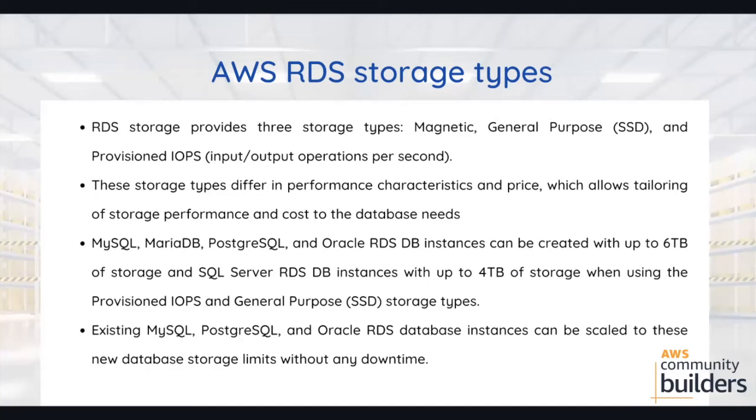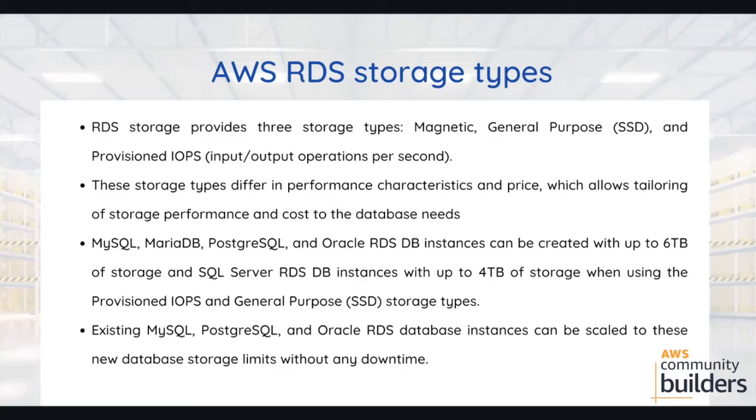Provisioned IOPS is a little costlier, but it gives higher performance, where failures are observed much less frequently. These storage types differ in performance characteristics and pricing, which helps us tailor storage performance and cost to the database need. Whatever the database need is, you choose the particular storage type.